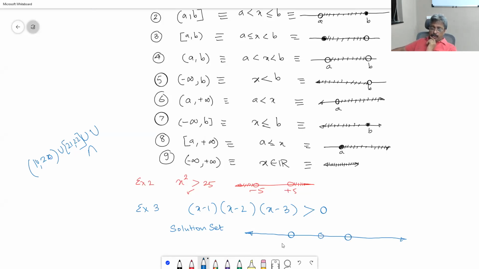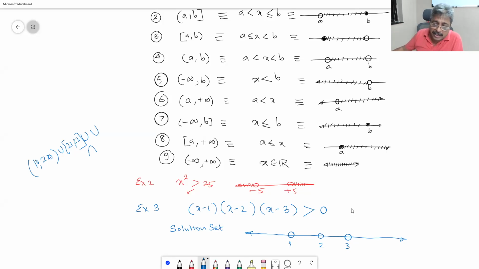In the beginning, you should draw a hollow circle only, because a hollow circle can be converted into a dark circle. But a dark circle, you will not be able to convert into a hollow circle in your notebook. I can always do that on my whiteboard, so that facility is not there with you. So you start with hollow circles.